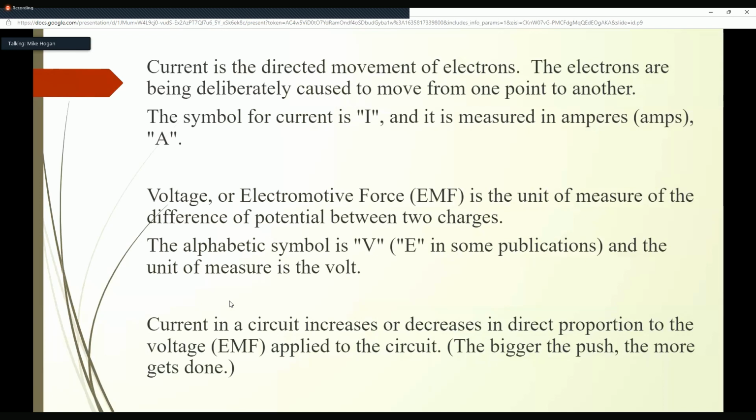If we think about water and current and voltage, potential difference, if you were standing on a bank beside a river with water flowing, and there's very little difference from the high point to the low point, then you would expect the water to be moving at a slow pace, the intensity, the current, to be rather slow.